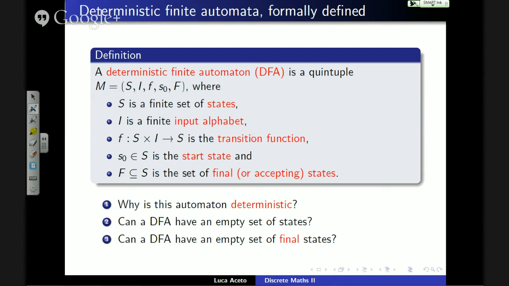Second, every deterministic finite automaton is built to recognize a language, and the language consists of strings over some alphabet. So the second item is a finite input alphabet, consisting of the letters that we can use to write strings that we feed to the automata.